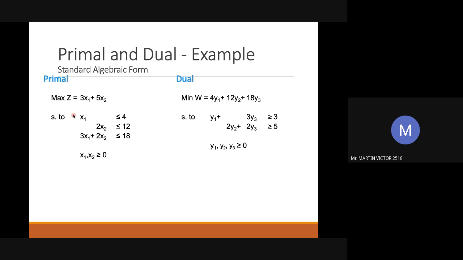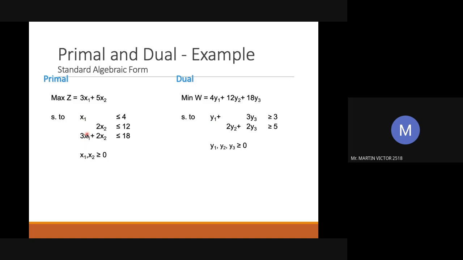Our column here is x1, in the second row we don't have x1, and in the third row we have 3x1. That will be converted into y1 because our dual decision variables are y. So we take y1 plus 3y3. I repeat, y1 plus 3y3. That is our first constraint.